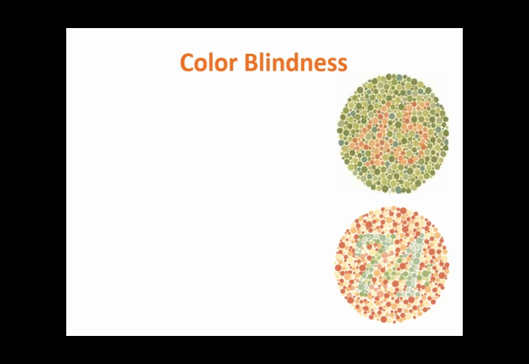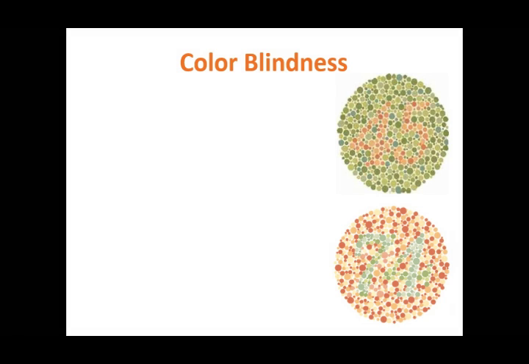For some people, the ability to distinguish green from red is not as strong, and so they may have difficulty detecting the numbers at all in the top panel. In the bottom panel, they may detect a 21 instead of a 74.